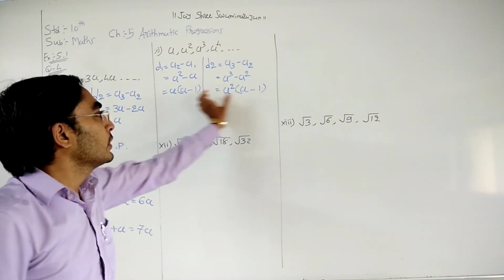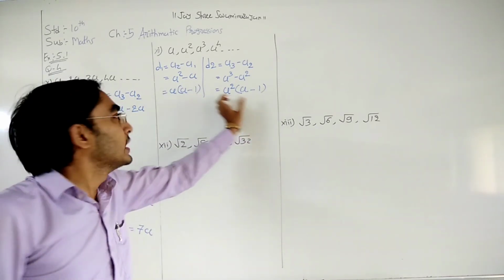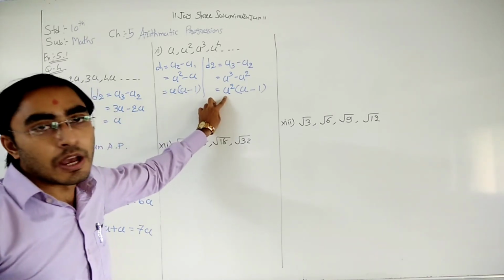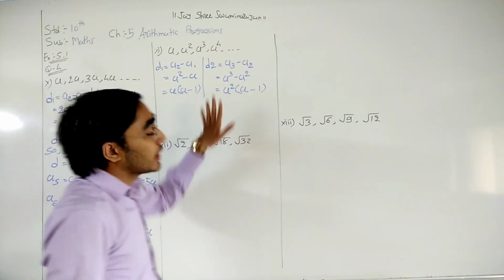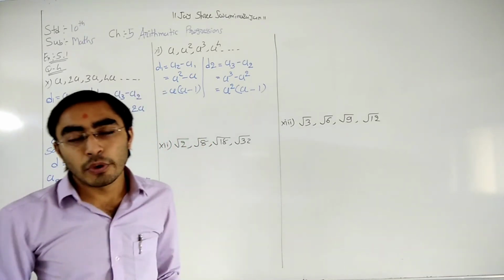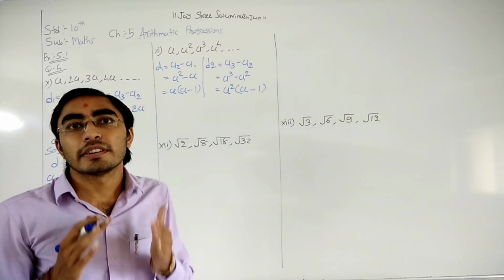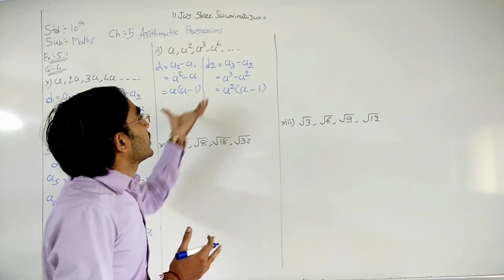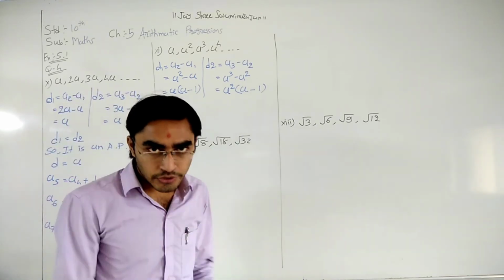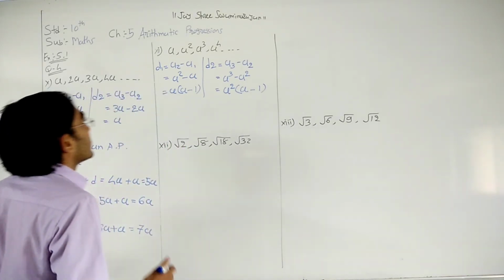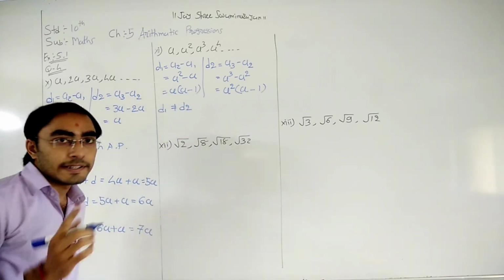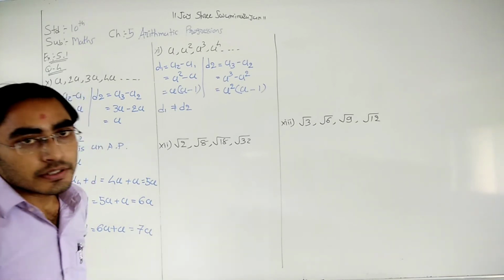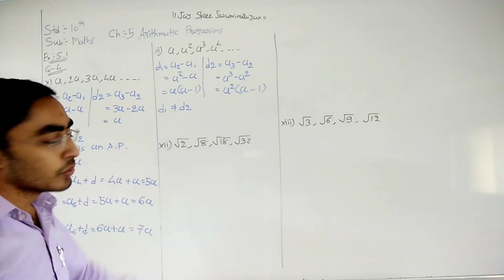Here we have A minus 1, and here we also have A minus 1. But here we have A, and here we have A square. That's why these two answers are not the same. So we can say that D1 is not equal to D2.